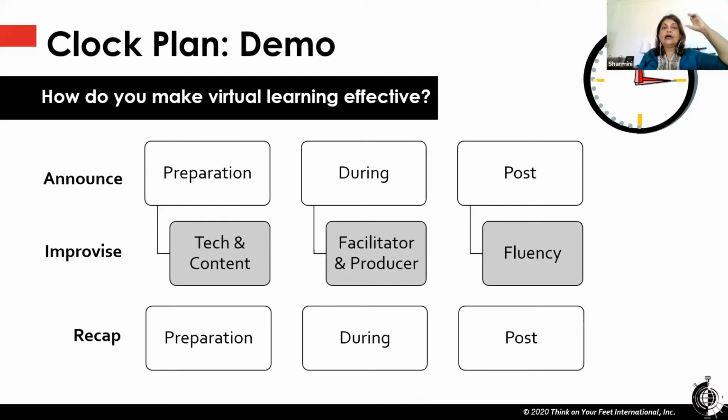I've told my brain, okay, Sham, you need to talk about it in terms of preparation, during, and post. Now my brain has done the thinking. I can now focus and relax and just go and speak what I need to speak. Okay, so there's the announce, improvise, and recap. This is just a second layer of how to think about your answer.